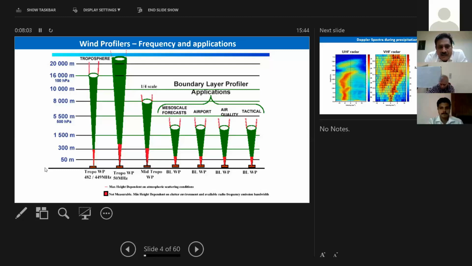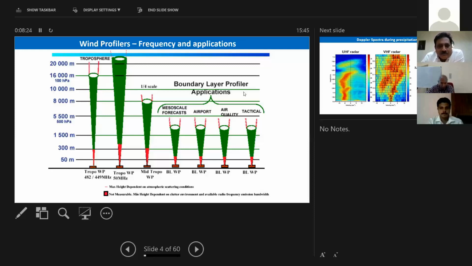Then another class of radars operates at L band frequency, at either 1.3 or 1.2 gigahertz. They are small radars, basically for wind profiling applications in the boundary layer. Some countries have a network of these small wind profiling radars.